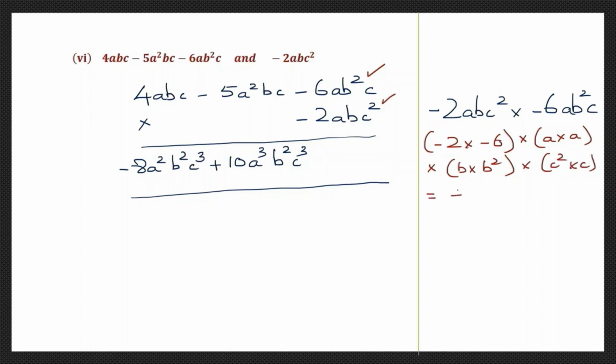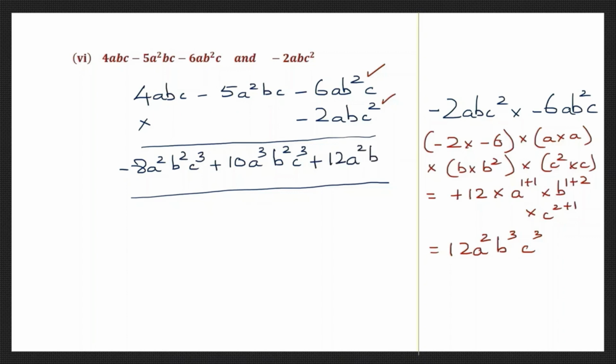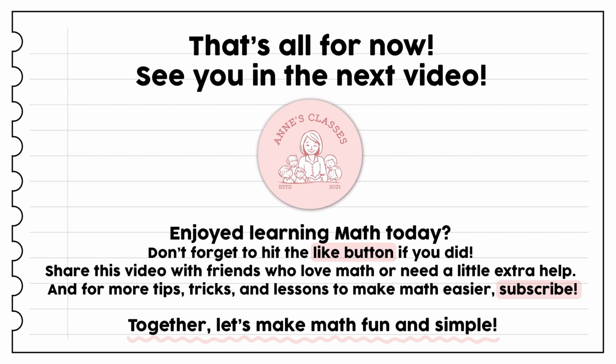Minus into minus is plus. 2 6s are 12 into a to the power of 1 plus 1 into b to the power of 1 plus 2 into c to the power of 2 plus 1. So that is 12a square b to the power of 3 and c to the power of 3. So plus 12a square b cubed c cubed.